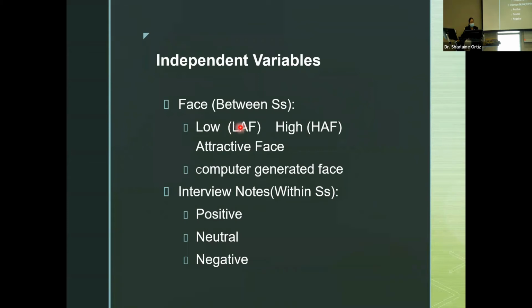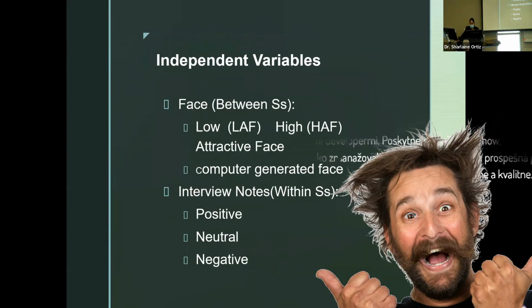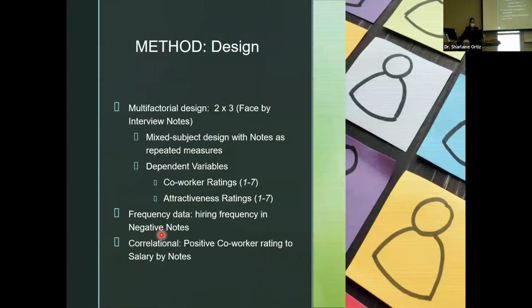So for example, a low attractive face, a high attractive face. Notice that the face was computer generated, in regards to what would be a low attractive face and what would be a high attractive face.